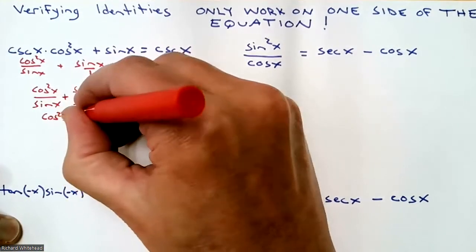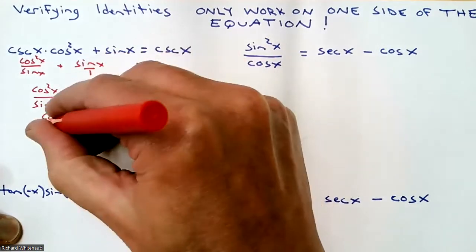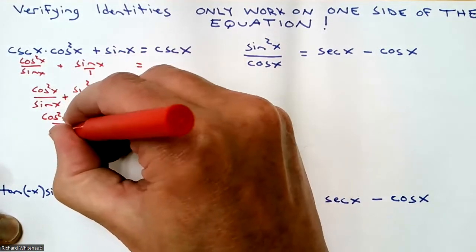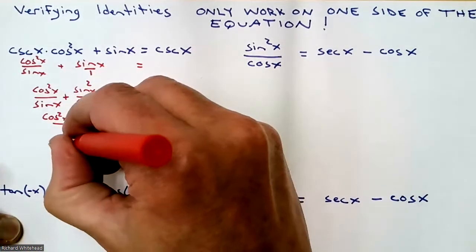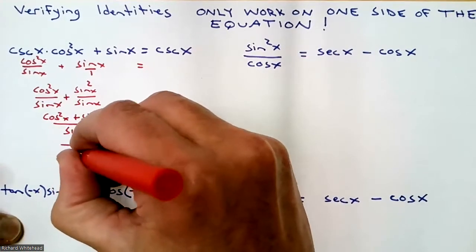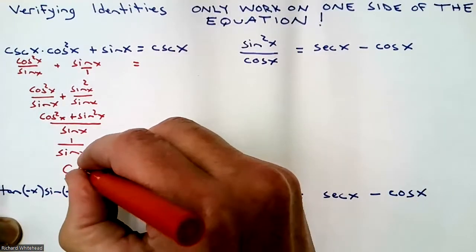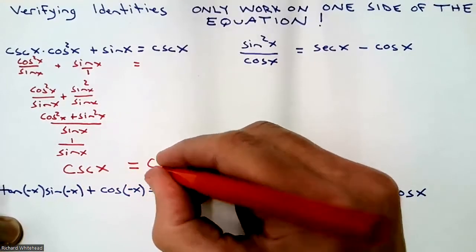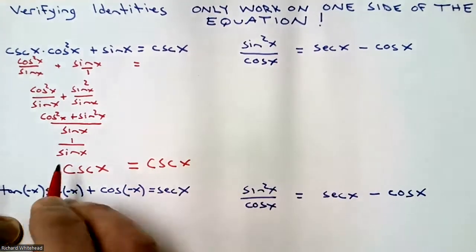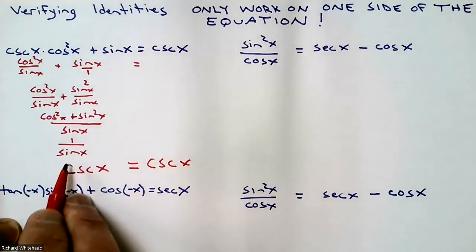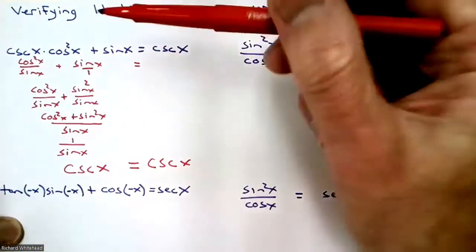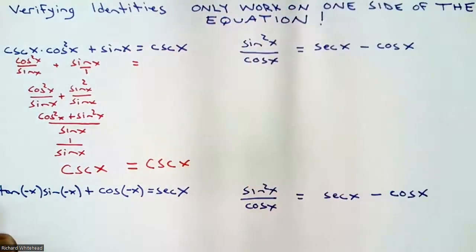And hopefully at this point, a lot of this stuff is kind of automatic to you. Cosine square plus sine square is 1. And what do you know? 1 over sine, I'm sorry, it's not sine square, it's just sine. 1 over sine is cosecant. So you took one side and you made it equal to the other side.